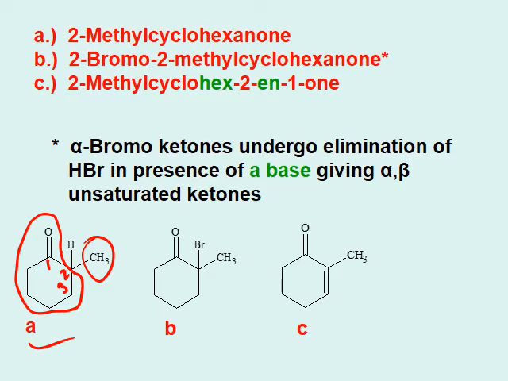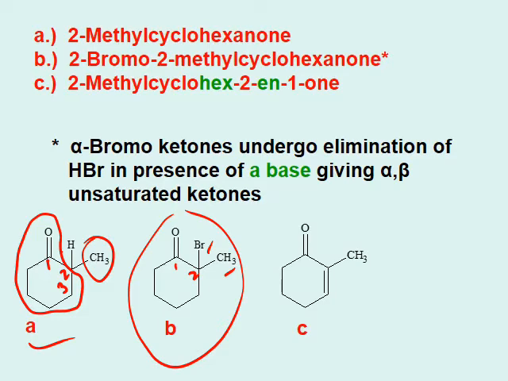Now in naming the next one, again it's the same idea. The functional group has to get 1 and this gets 2, but there are 2 substitution groups now. One is methyl, the other one is bromo. Now you need to go by alphabetic ordering, so bromo comes before methyl.